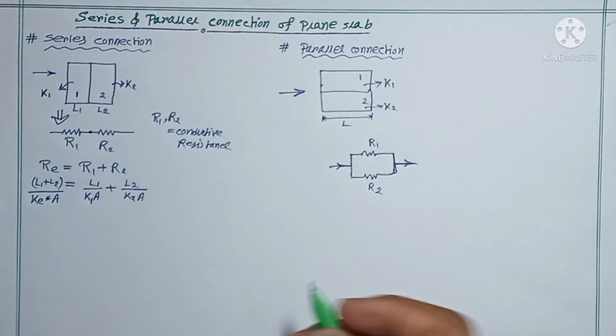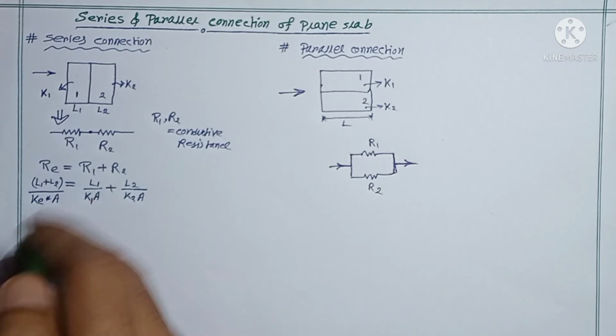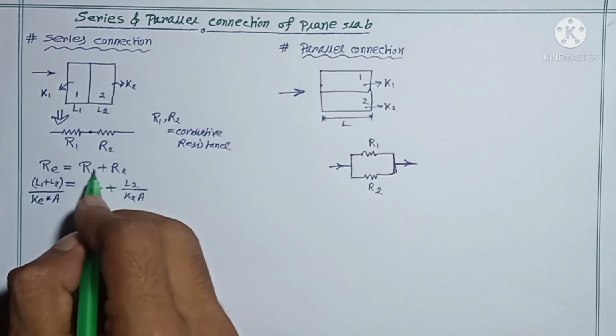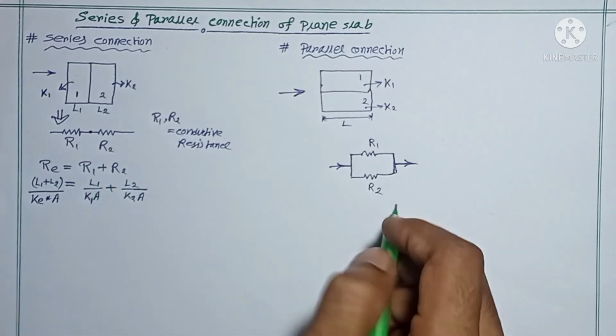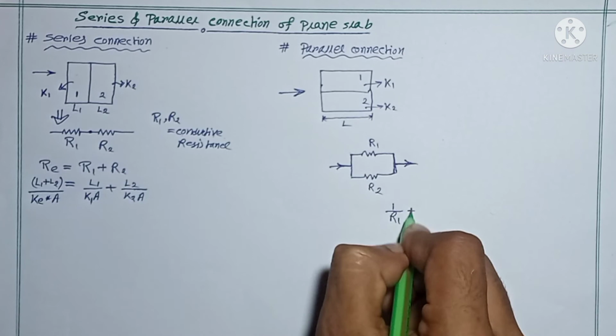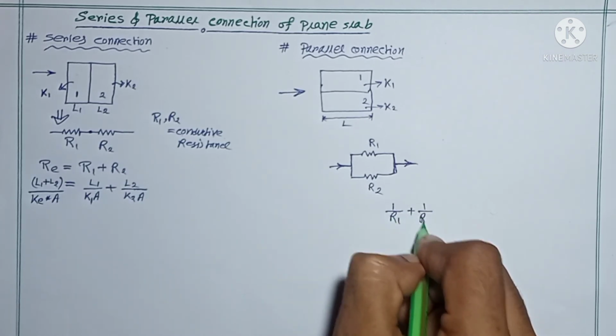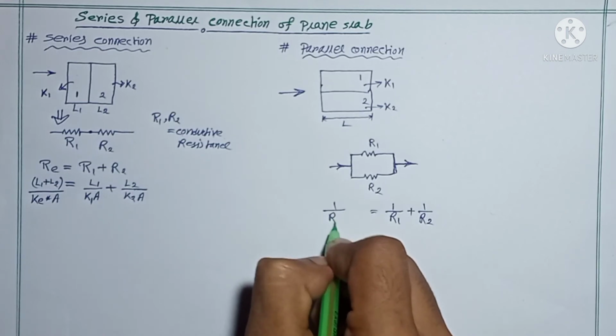If the concentration is less, we can't add up R1 plus R2. In case of series we add R1 plus R2, but here we add the inverse of R1 plus R2. Inverse means 1 by R1 plus 1 by R2, and this is 1 by R equivalent.